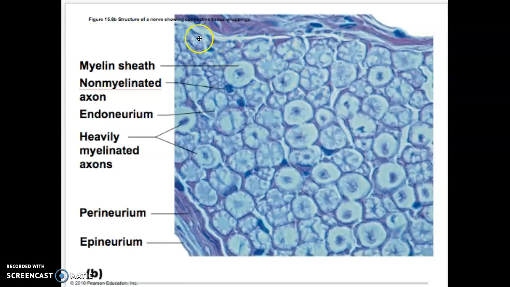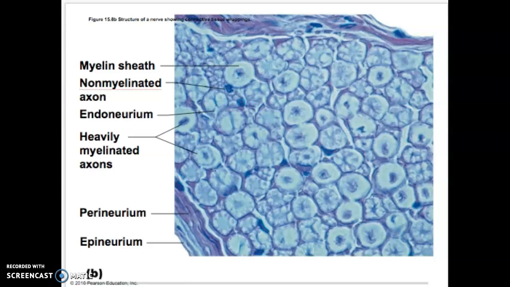So we're looking at a cross-section of a fascicle. And so on the outside of this fascicle, you can see the perineurium. But this fascicle is also at the edge of a nerve. So here's that perineurium over here. And then just outside of that is the epineurium. So we have the epineurium, the perineurium, and then the endoneurium wrapping around these myelinated axons.